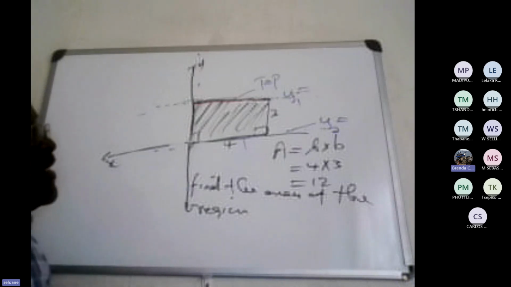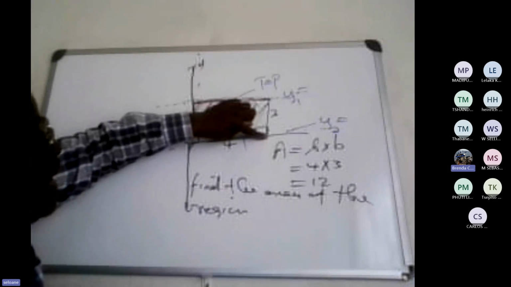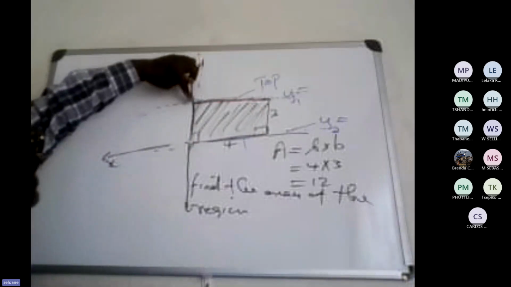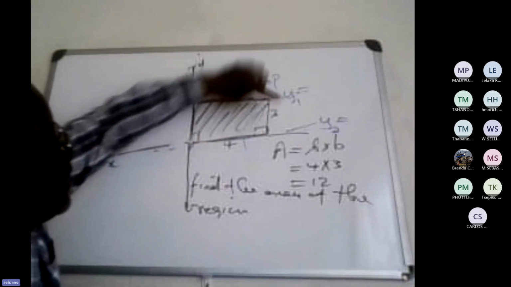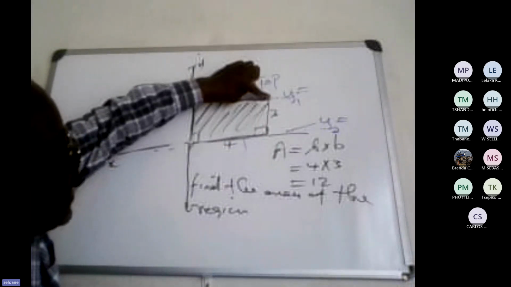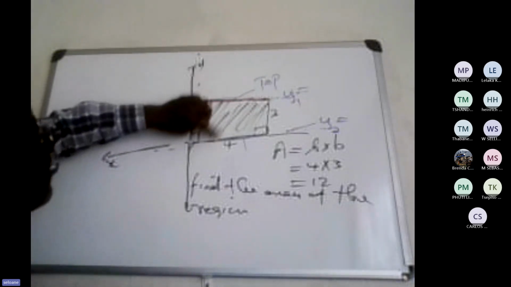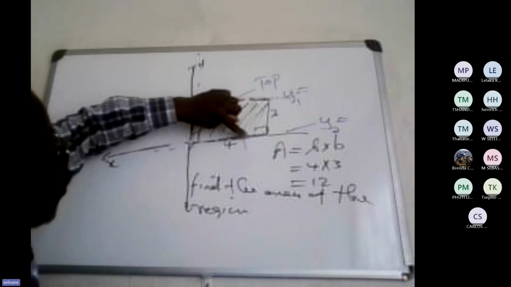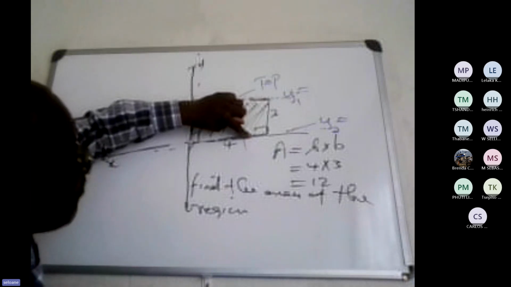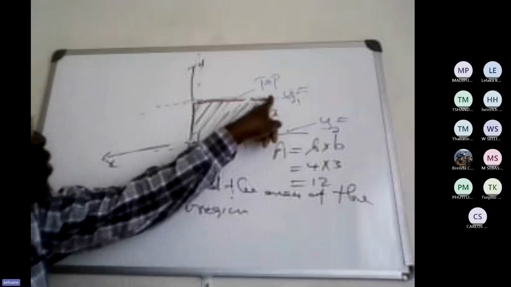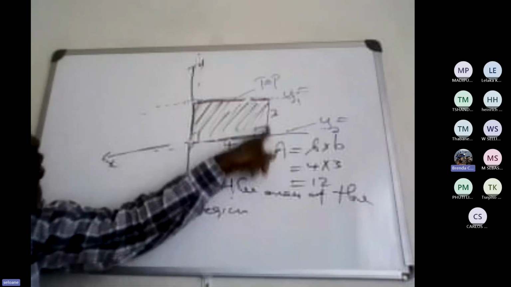What is Y1? Remember, 3 is from here to here, and 4 is from here to here, which is the same as any vertical line that joins the bottom boundary and the top boundary. 3 means from here to here. So Y1 doesn't have a bound.